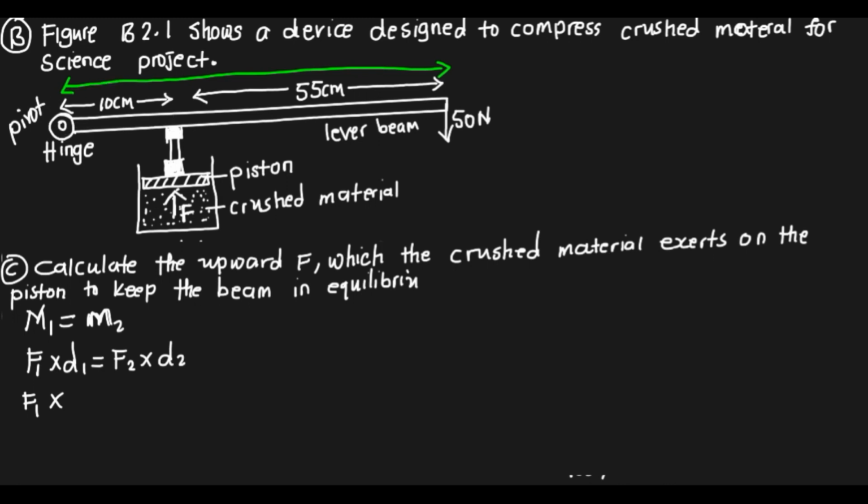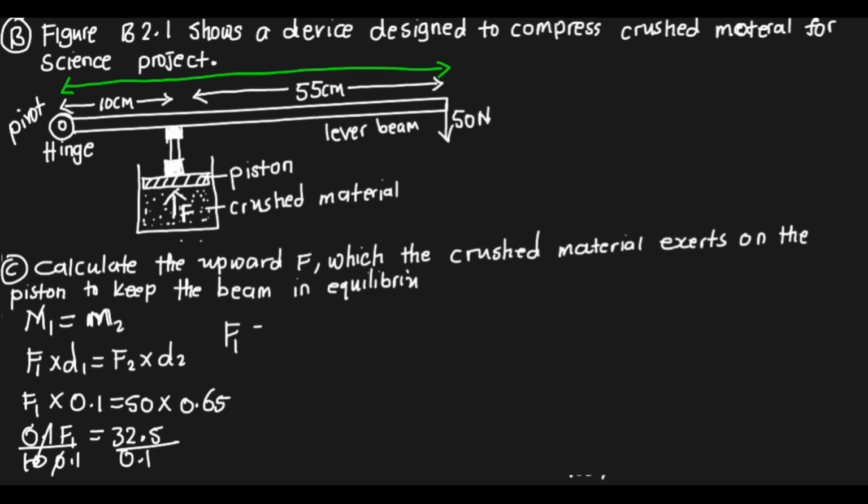Now 10 divided by 100 because we want to convert into meters will give us 0.1. Then force 2 we have it is 50 times the distance was 0.65. So F1 times 0.1 is equal to 32.5, we calculated this one. Then you divide by 0.1, also here 0.1.